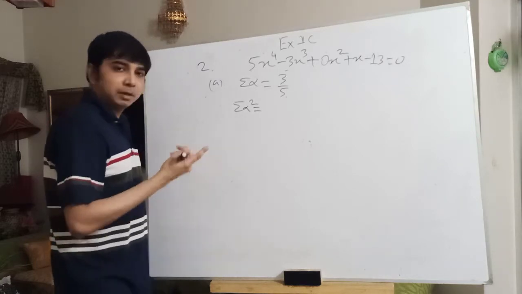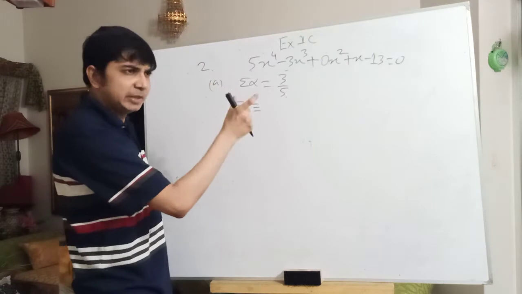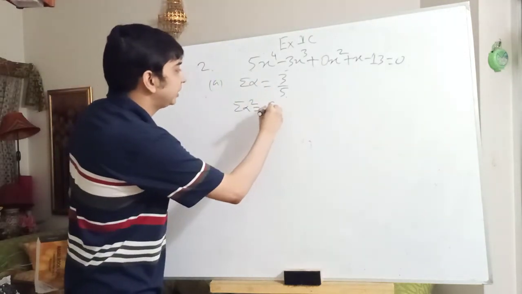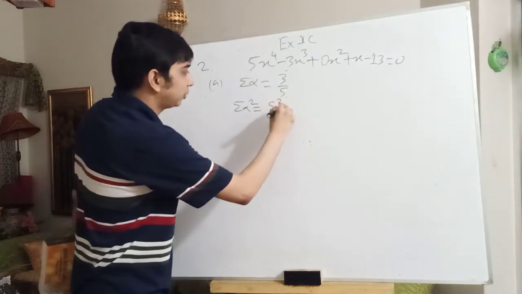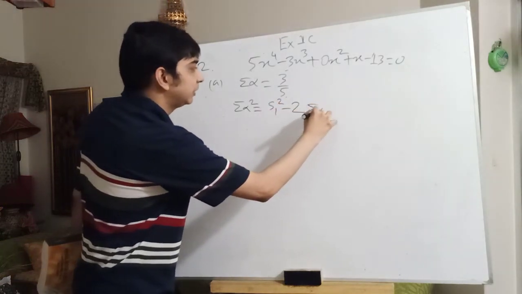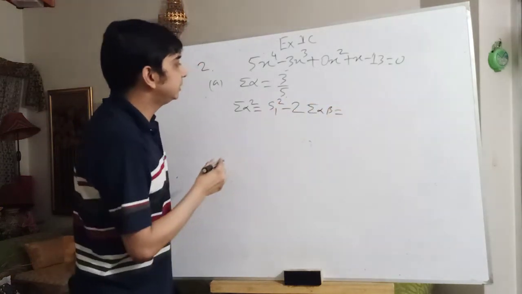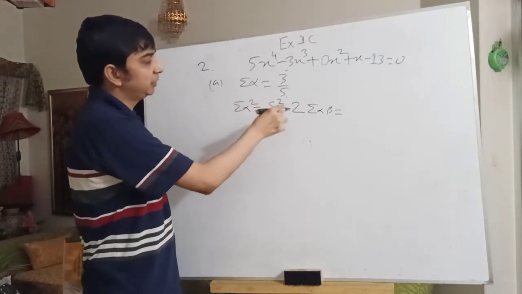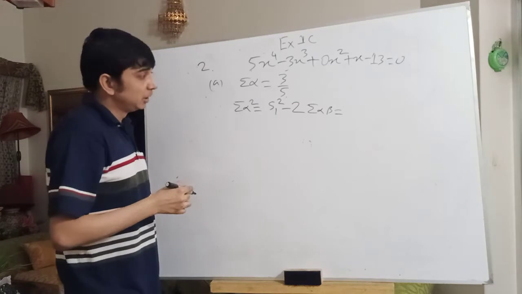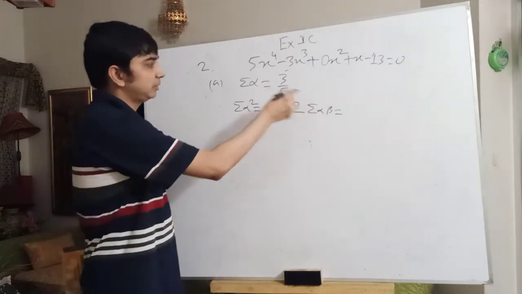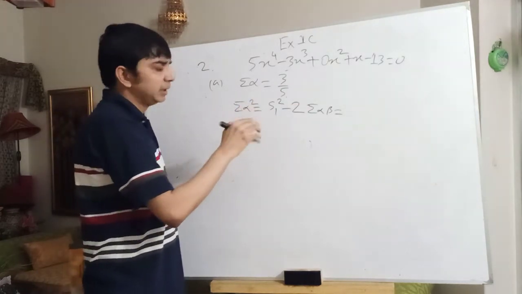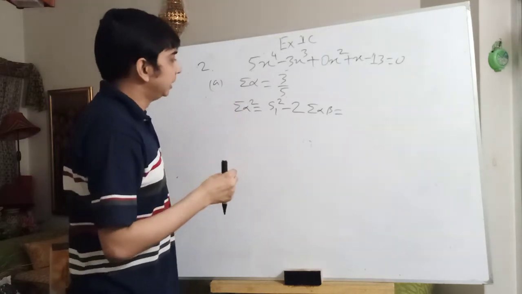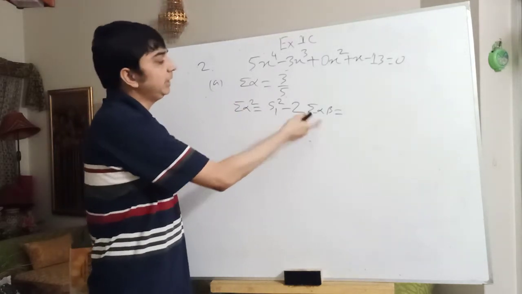This we use the same formula basically that we use with the cubic equation. So this will be equal to s1 whole square minus 2 into summation of alpha beta. That is, alpha plus beta plus gamma plus delta whole square minus 2 into summation of alpha beta. The derivation of this formula is nothing tough, but algebraically it's a bit long, and you can check it out for yourself by simplifying.